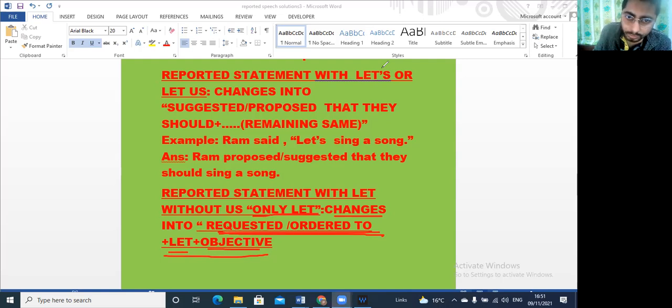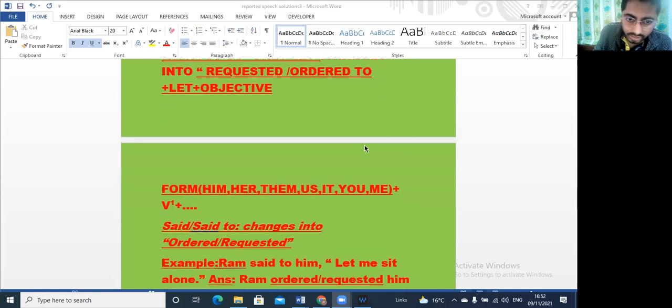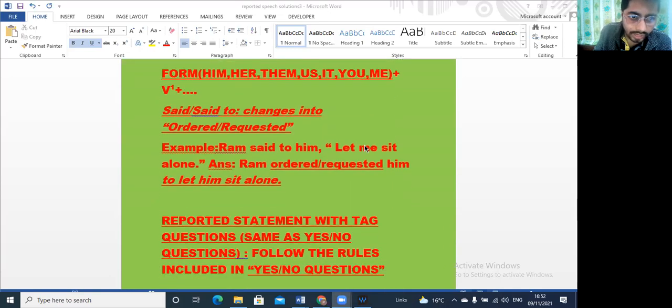Let me move downside. Before this, let me clear out this rough work so that it will be much more convenient for everyone. So what are the objective forms? The objective forms that we have to understand here are him, her, them, us, it, you, me, plus which verb? Verb one.